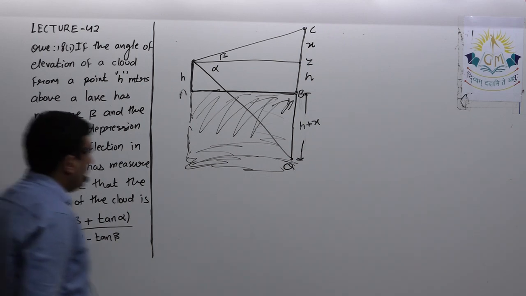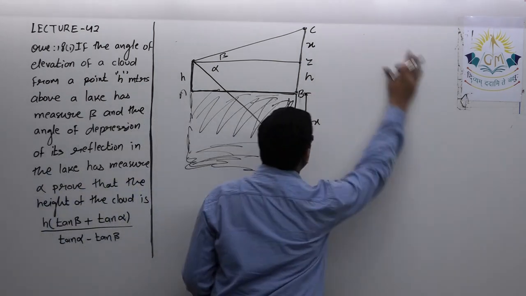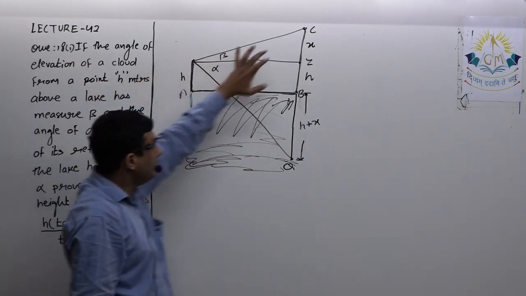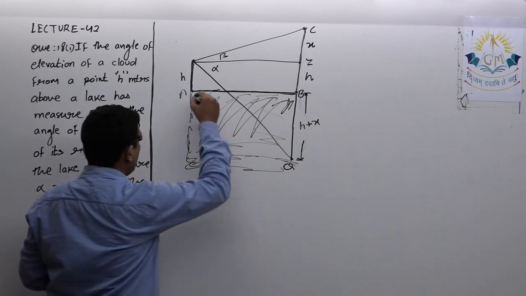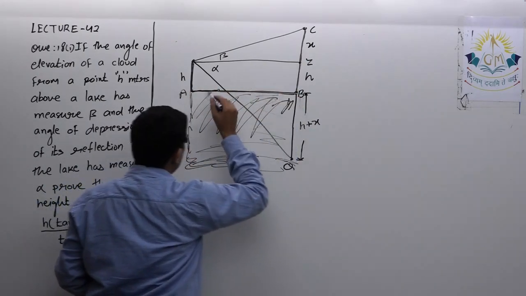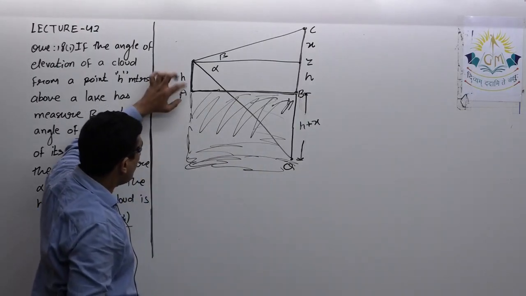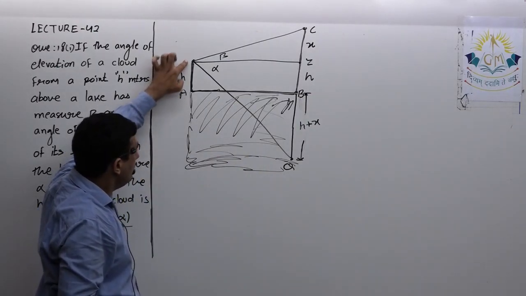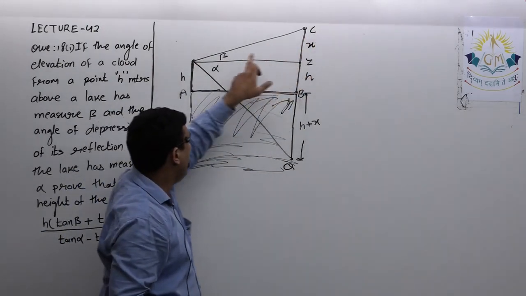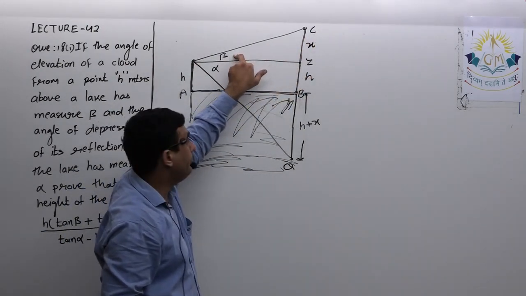Before I proceed, let me explain the question once again. There is a lake, and I am considering the surface of the lake AB. I have to go h meters above, and from there, when a cloud was observed, the angle of elevation was found to be beta.